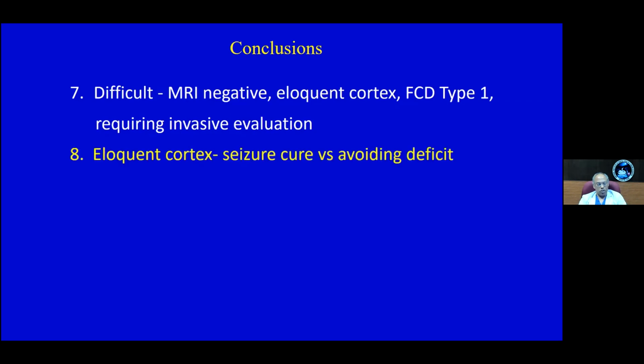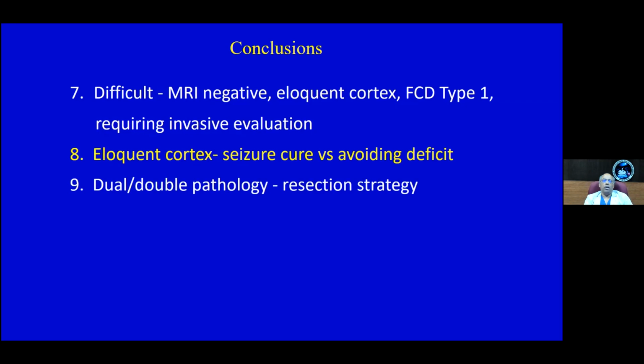Of course, with lesions involving eloquent cortex, there's always a debate regarding whether cure of epilepsy is of primary concern or avoiding deficits. Our strategy in dual pathology is to resect both lesions wherever possible, and we always try to use pre-habilitation as well as rehabilitation whenever we suspect deficits.